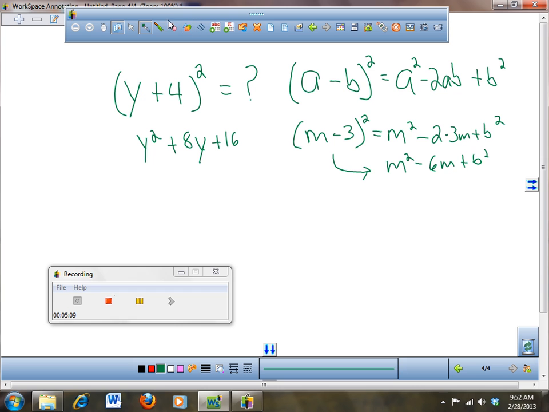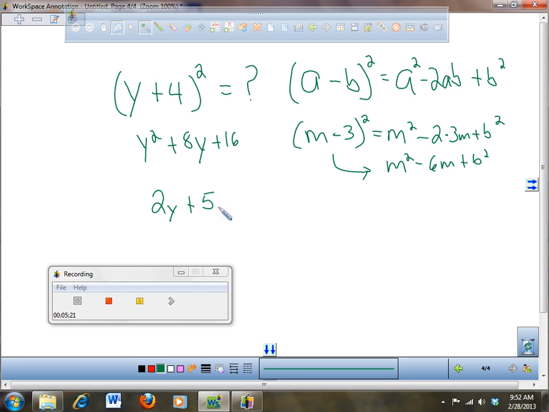Now, unfortunately, it always gets a little more complicated, right? So what if I had something like 2y plus 5g, oh, this is hard, 5g squared, equals something, right? Well, basically, you use the same formula. So this is a, and this is b.